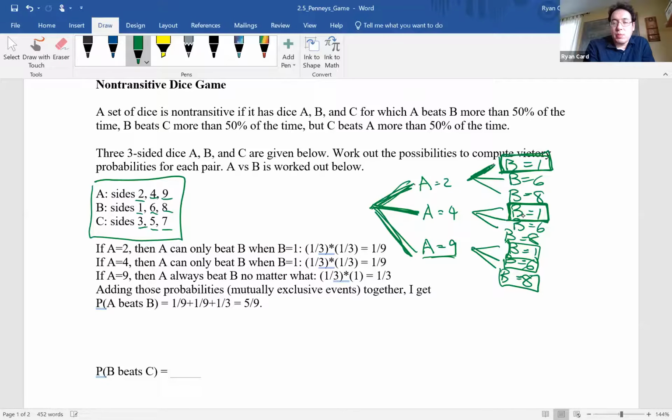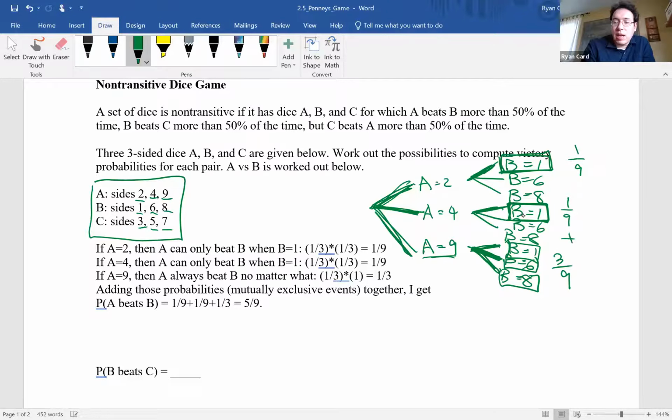Each of these branches is 1/3. So 1/3 times 1/3 is 1/9. 1/3 times 1/3 is 1/9. And each of these leaves is also 1/9, but there are 3 of them, so I could just write this as 3/9.